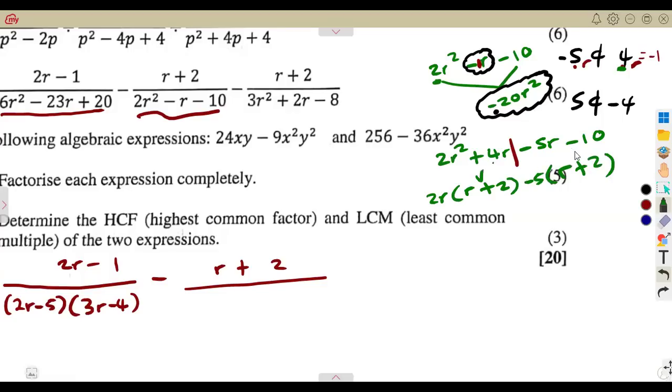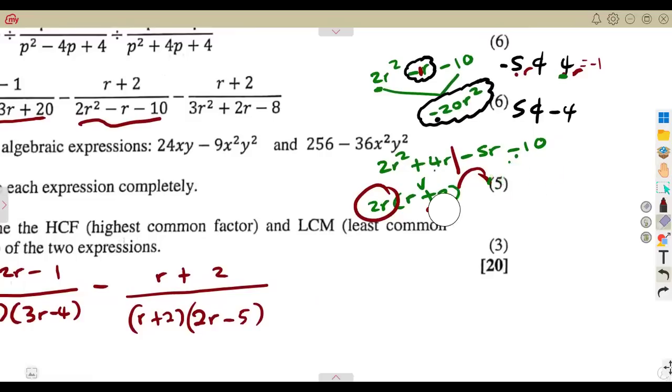These two brackets are common, so we take the common bracket r plus 2 and factor it out, remaining with 2r minus 5 in another bracket.